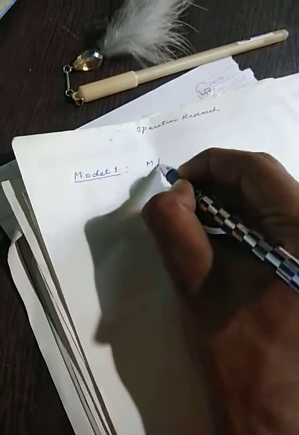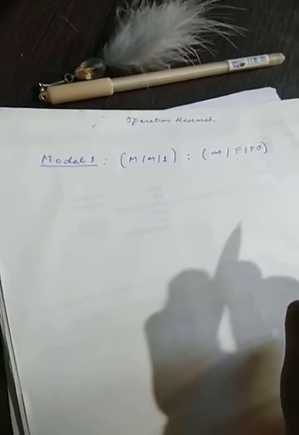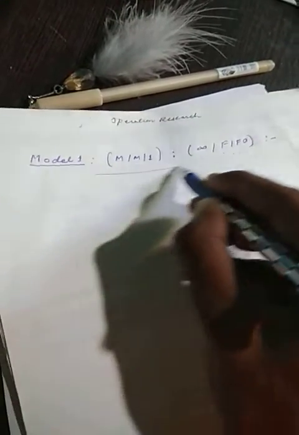So the first model I'm going to discuss is M/M/1, that is, infinity and FIFO. Friends, this FIFO stands for first in and first out. So this model is a first in first out model. You know, in the queuing system, what is first in and first out.